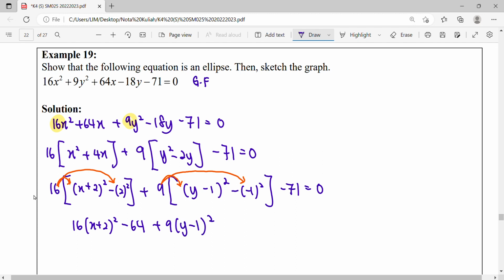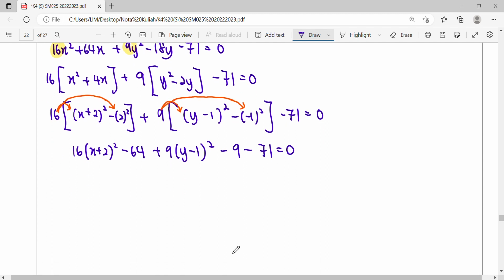This is 9 times negative 1 squared, 1, so minus 9. After that, we move all the constants to the right hand side. In standard form, our right hand side is equal to 1. So we move all the constants to the right hand side first.